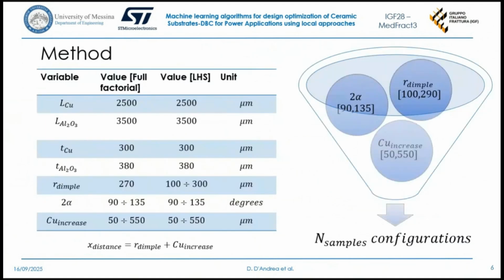We used the full factorial approach to investigate dimple position together with the notch opening angle. And after understanding how it behaves, we used a statistical approach by creating a dataset by Latin hypercube sampling. And it allowed us to investigate also the third variable together with the other two. So we investigated also the dimple radius.